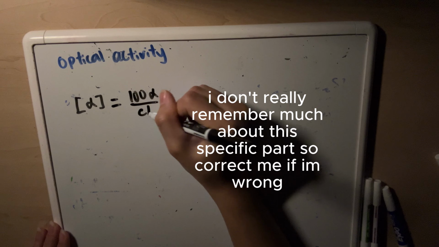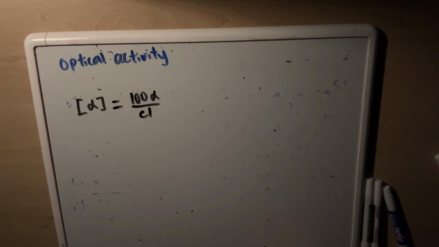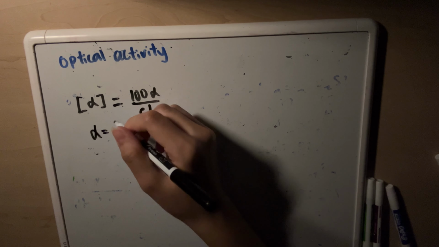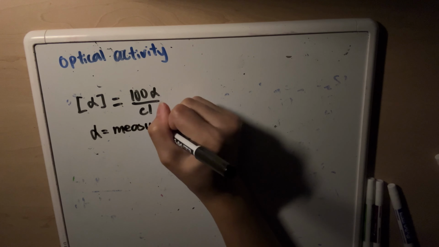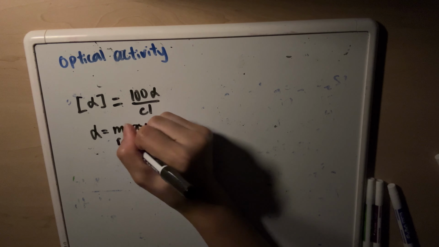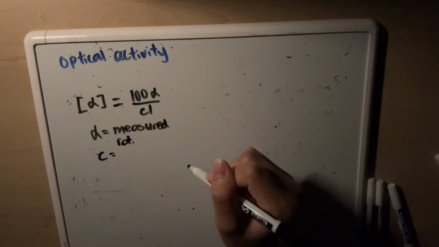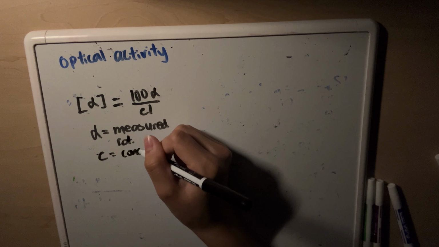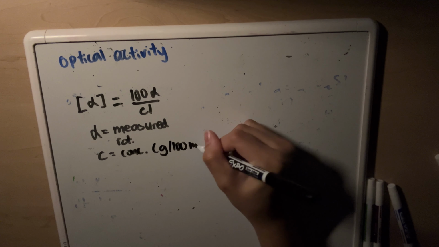I actually don't know what the letters mean, I'm bad with Greek stuff. The alpha measures rotation. And the C, I apologize guys, the C just means concentration, which is in grams per 100 mL.